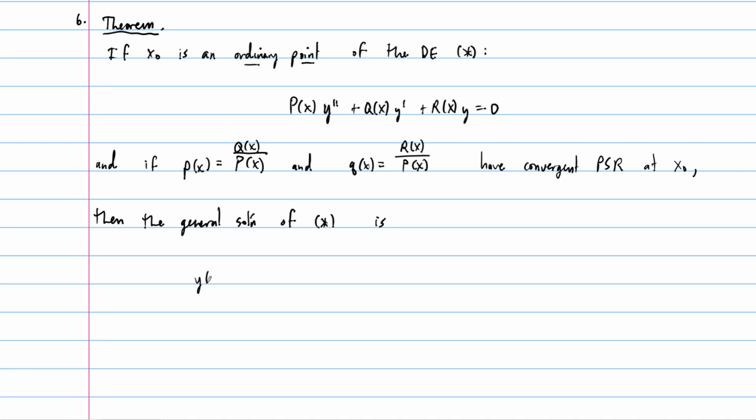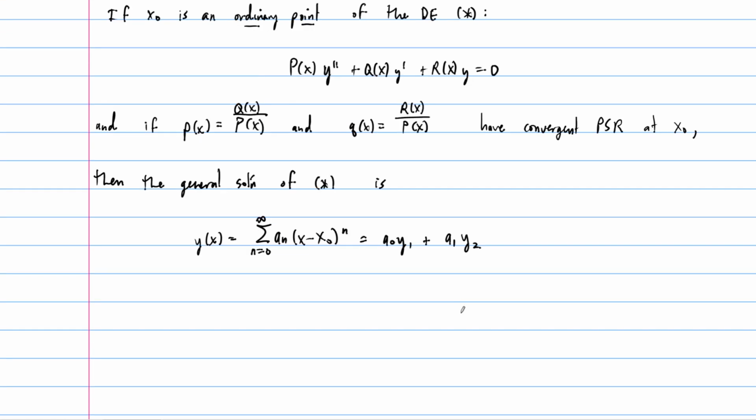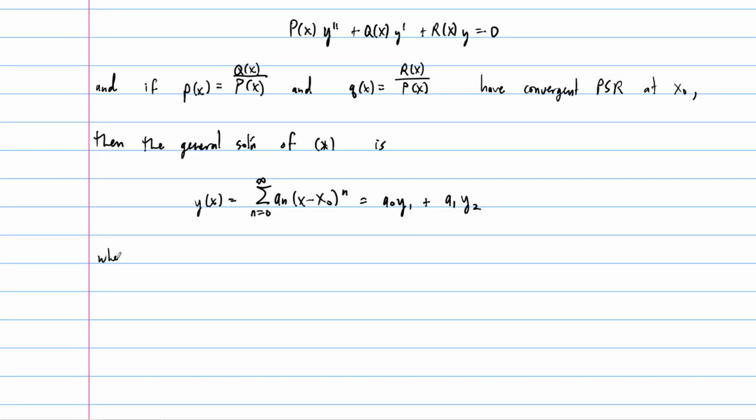So it's a power series. It can be written as a power series: y is equal to the sum n from 0 to infinity of a sub n times x minus x naught to the power n. So this is the existence part. And this can be broken up into a sub 0 times y1 plus a sub 1 times y2, where in this scenario a0 and a1 are arbitrary constants.